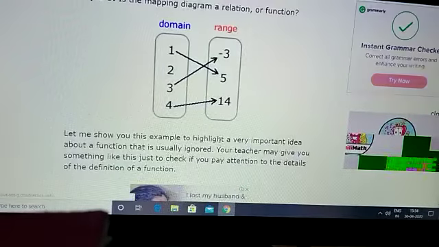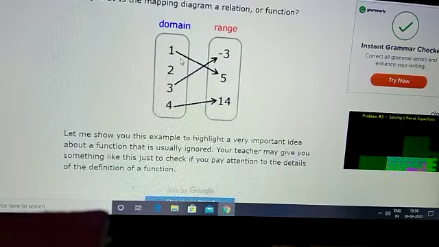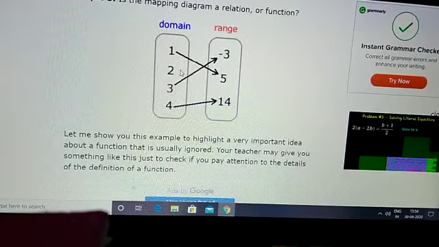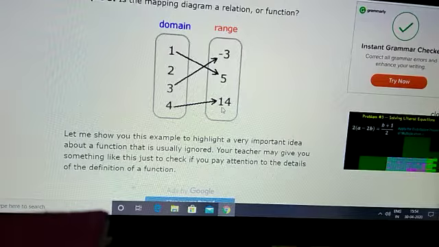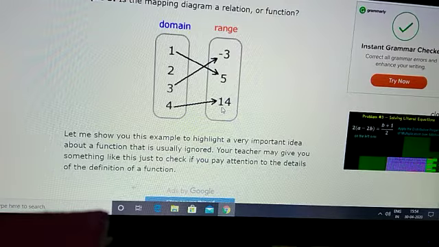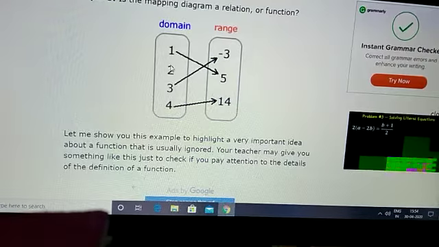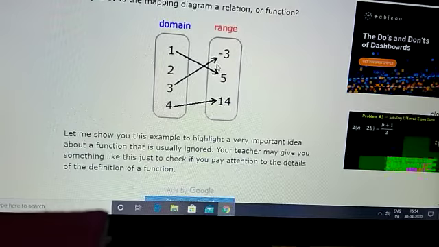One more example. Here, if you look at the domain, 1 has a relation to 5, 2 we don't know, 3 has a relation to -3, 4 has a relation to 14. This is also a very important example. Each element except 2 has one relation. But initially, when we discussed relations, we said we must have a pair, each pair.